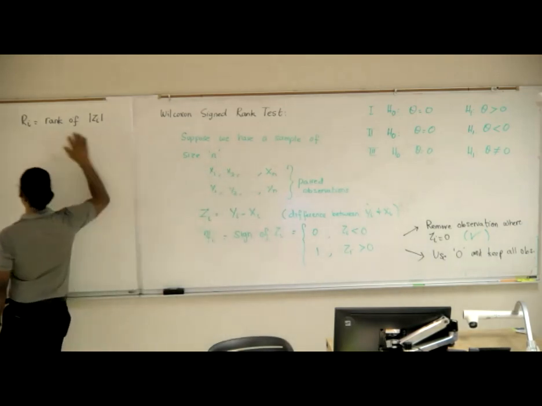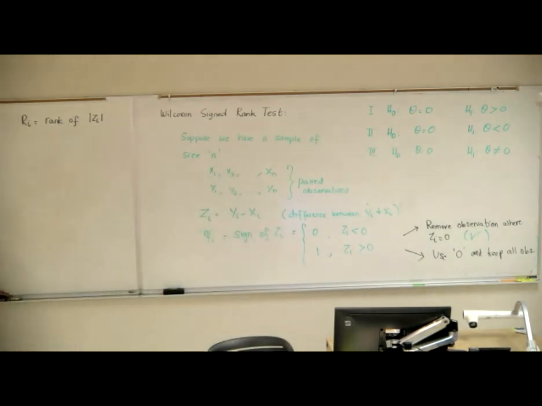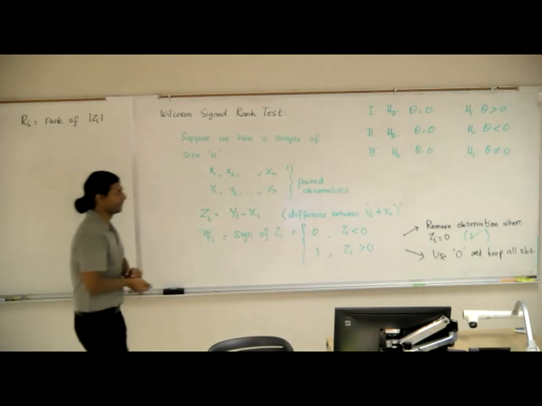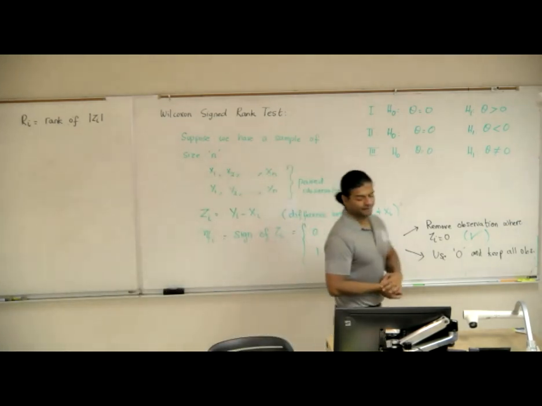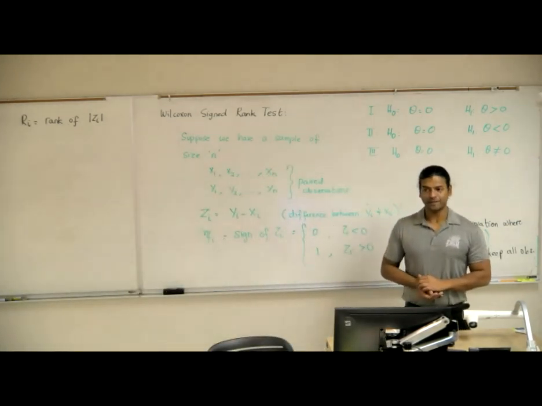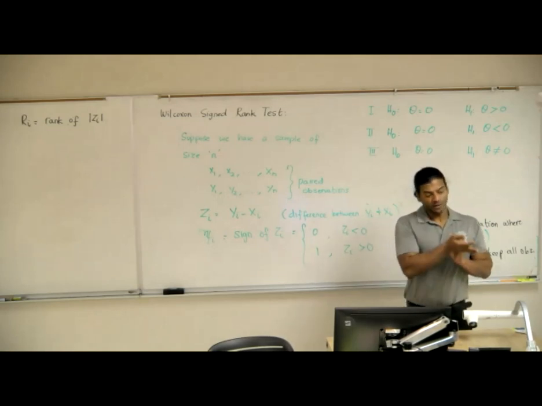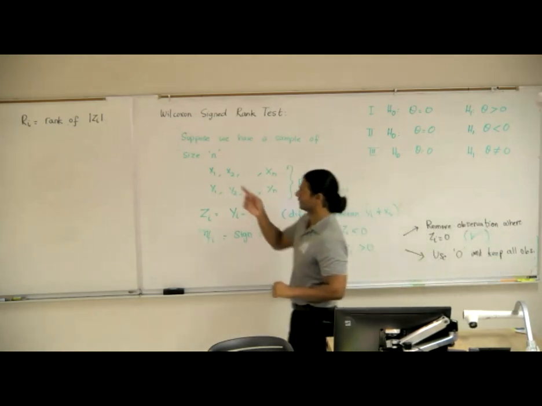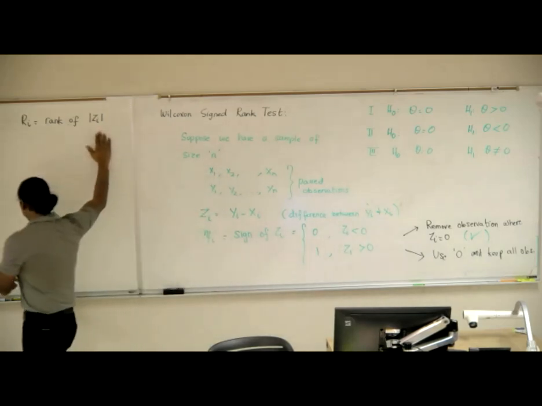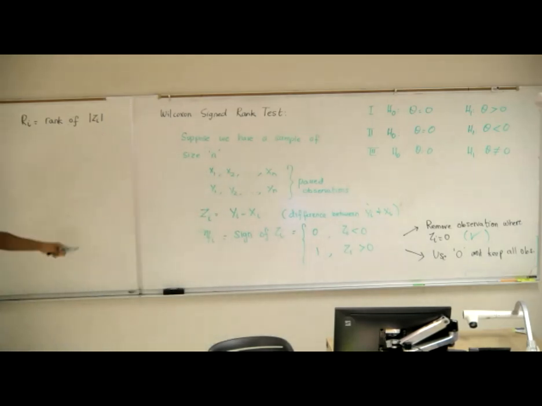So we want to assign a rank of the absolute value of Zi. Now, if you don't put the absolute value, you're not going to get the correct answer because magnitude is important. We're looking at the magnitude, not the direction. So we have to put the absolute value of the differences, then we get the ranks. Once we have those, we come up with the test statistic.